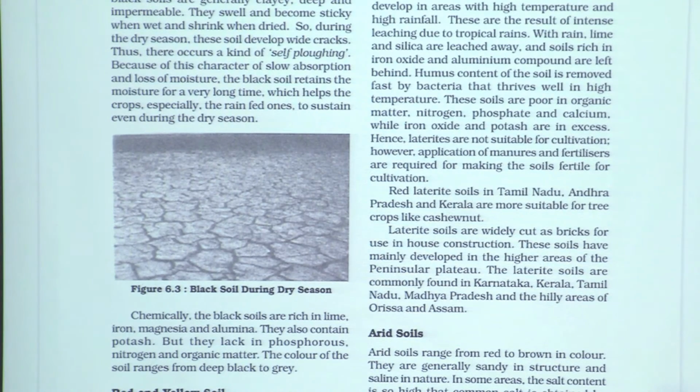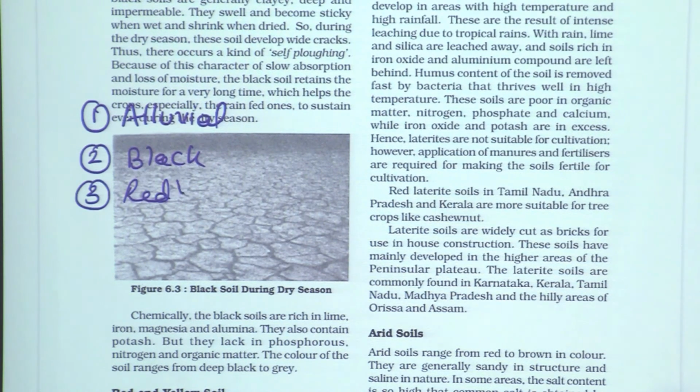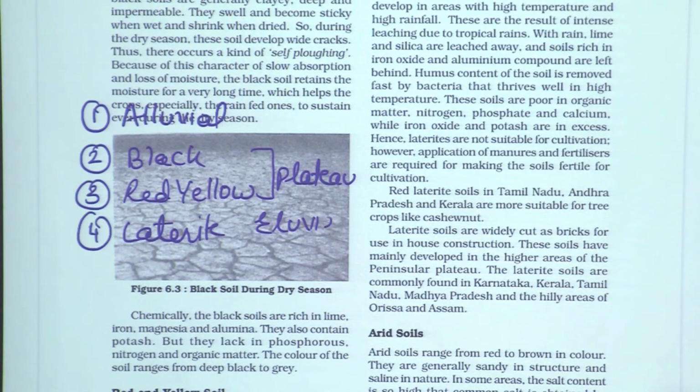So, before proceeding, India has soil type 1 called alluvial, which is deposited soil. Soil type 2 is black, soil type 3 is red and yellow. Both black and red-yellow soil are examples of plateau soil. Soil type number 4 is laterite. Laterite soil is an example of leaching, and laterite soil is leached soil. Because it is leached, it is infertile.